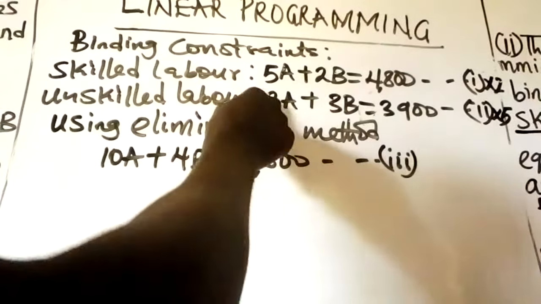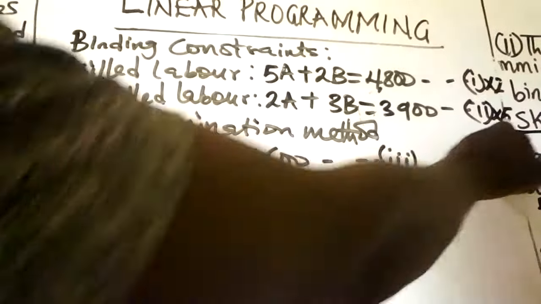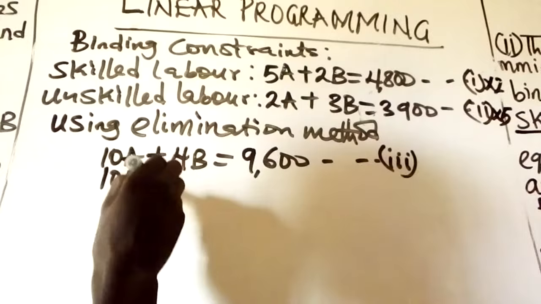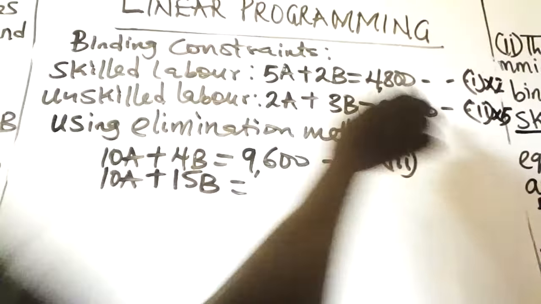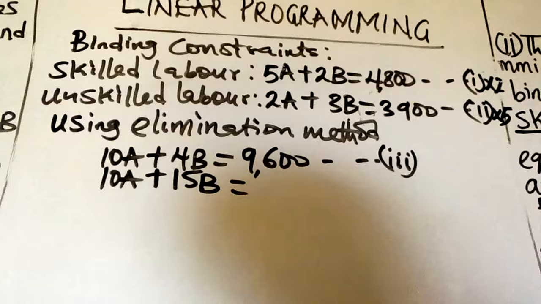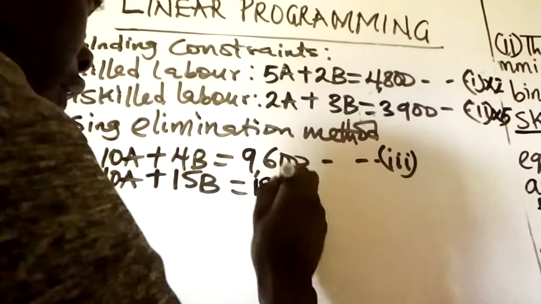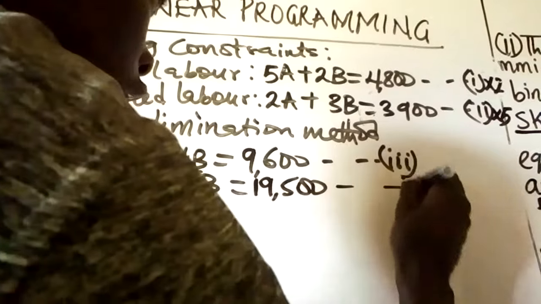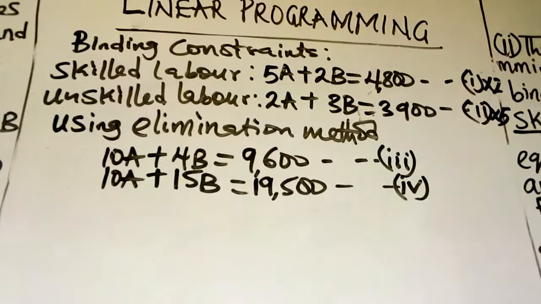Then 5 times 2A is 10A. 5 times 3B is 15B, equals 5 times 3,900, which is 19,500. That is equation 4. The coefficients of A are now the same.